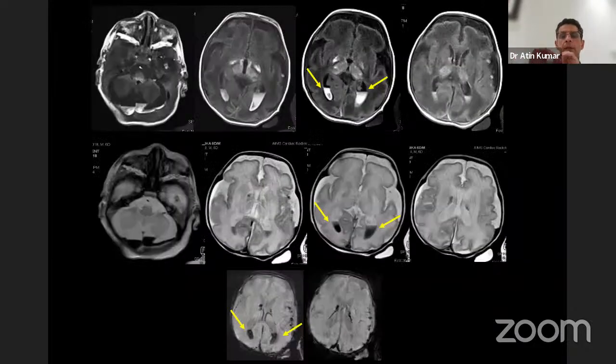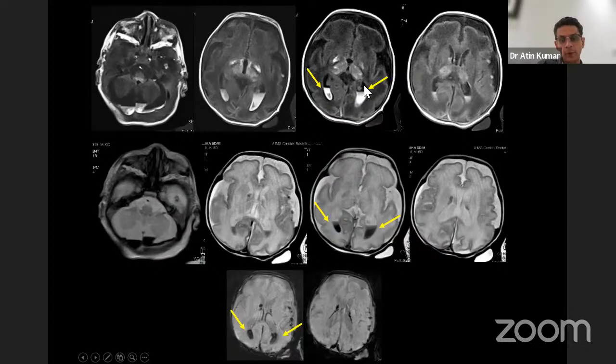So the upper section is T1 weighted sequences. The ventricles are dark. The lower sections are T2 weighted sequences. The ventricles are bright. The CSF spaces are all bright. But what we see abnormal here is in the ventricles on the T1 weighted image, we do see some bright areas.